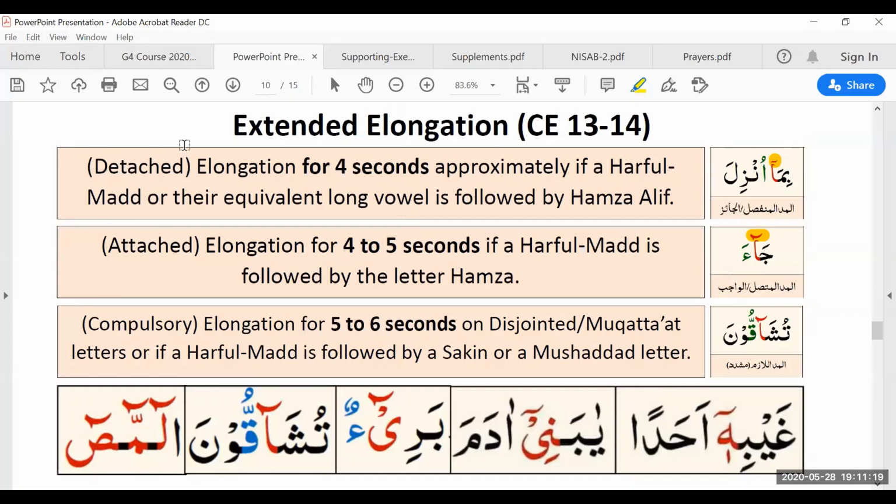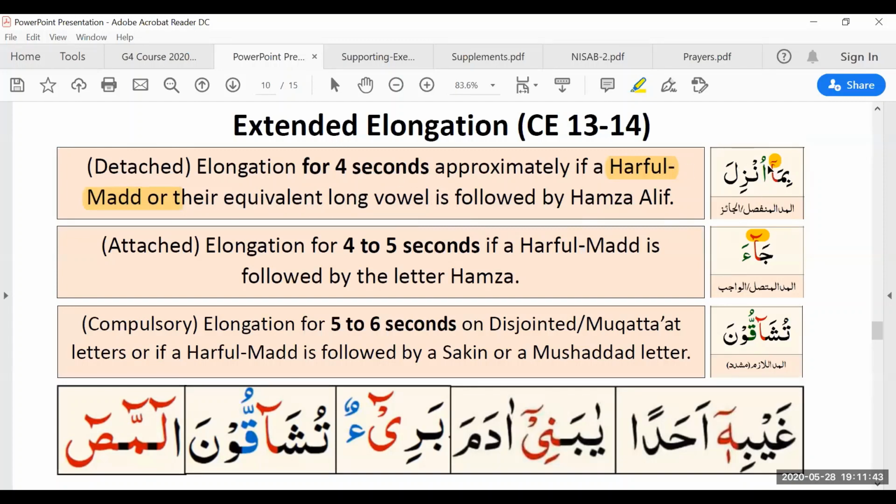So first of all, we have detached elongation, which is known as al-maddul munfasil. And this is detached because it applies to two words. So at the end of the first word, we have a harful mad. In this case, it's alif, or their equivalent long vowel.